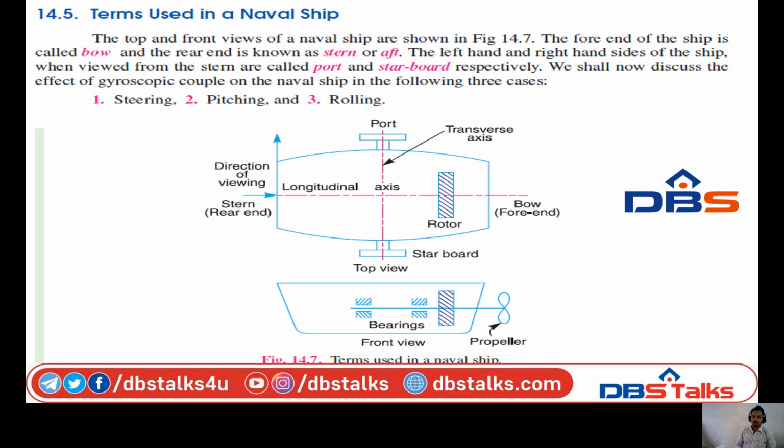From this, we assume the terminology that the left hand and right hand sides of the ship when viewed from the stern are called port and starboard. Left hand side is called port, right hand side is called starboard. The effect of gyroscopic couple on a naval ship is represented in three cases: steering, second pitching, and the third one rolling.